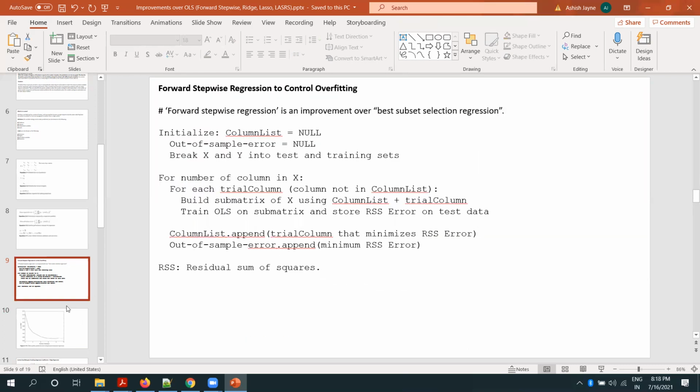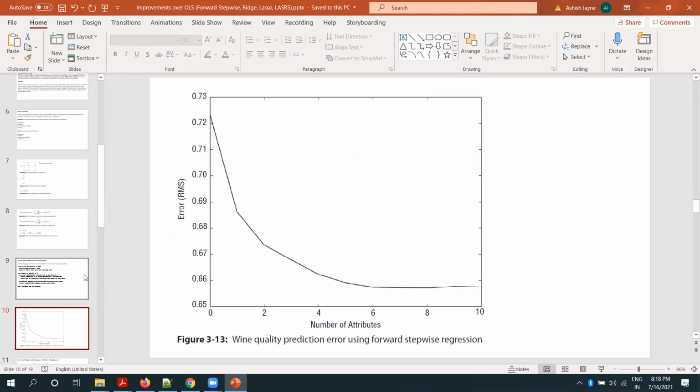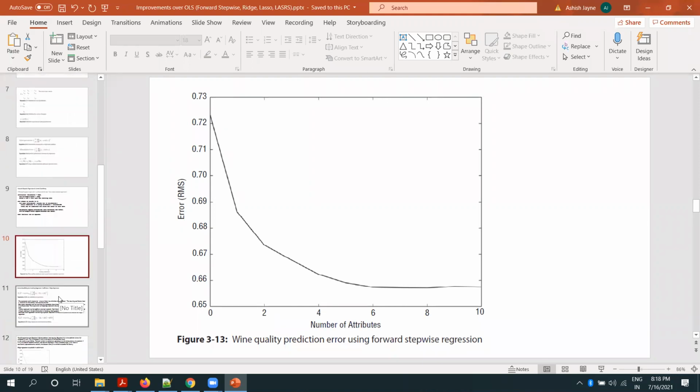Now, when we run this algorithm of forward stepwise regression, you will get a curve like this. As you keep appending to the attribute list, you would see that your root mean squared error goes down with the addition of attributes.